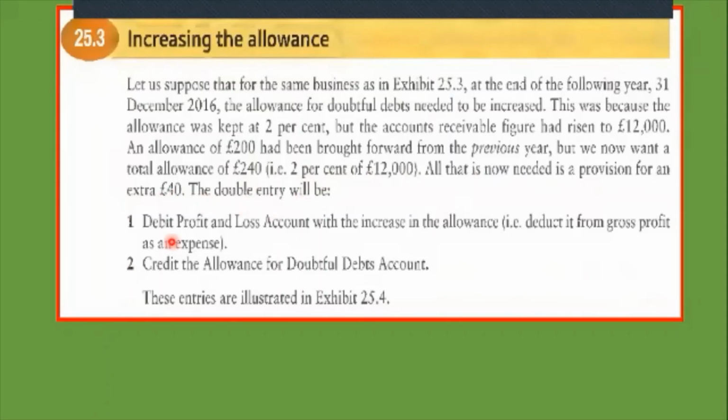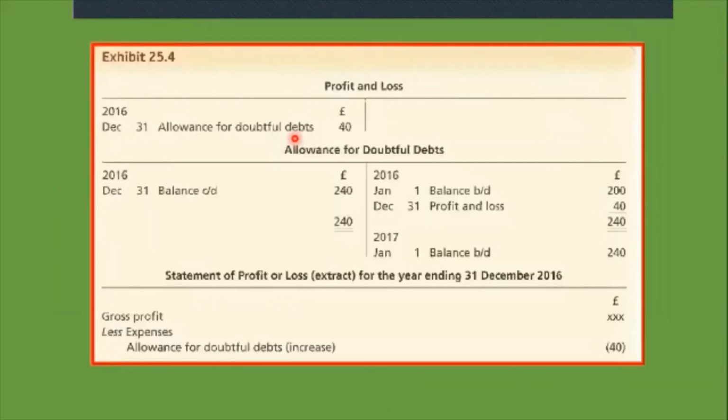The double entry will be debit profit and loss account with the increase, that is 40, credit the allowance for doubtful debts with 40. These entries are illustrated in the next here. We're going to take another 40 out of our profit and loss here. We're going to put it in here again.